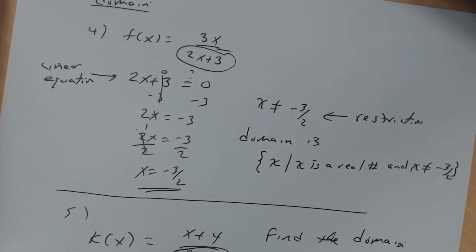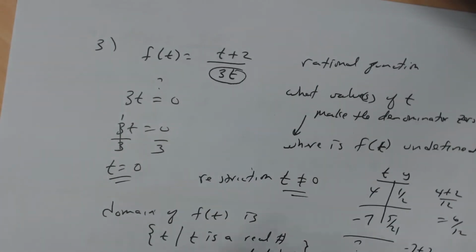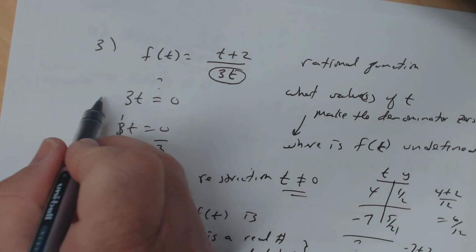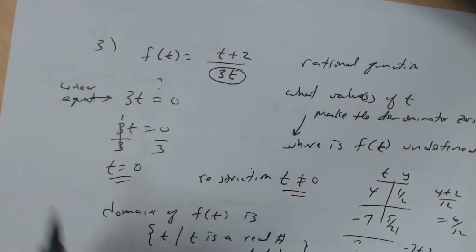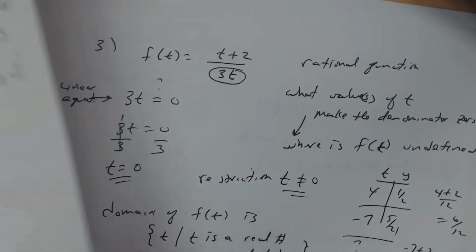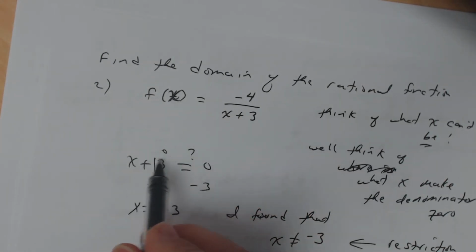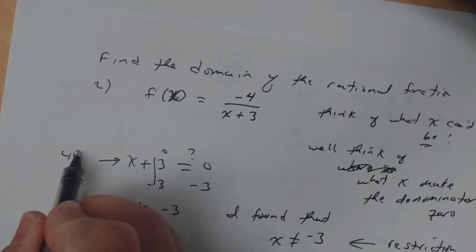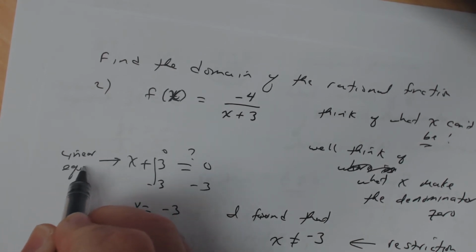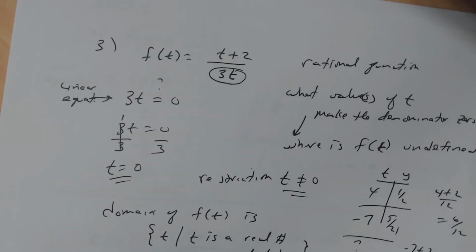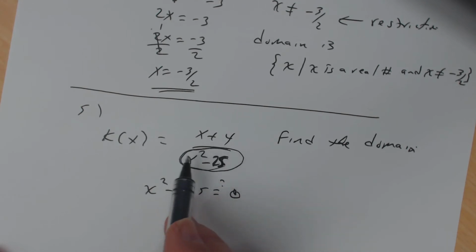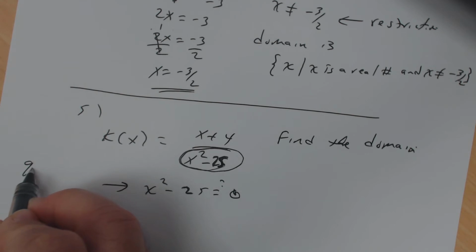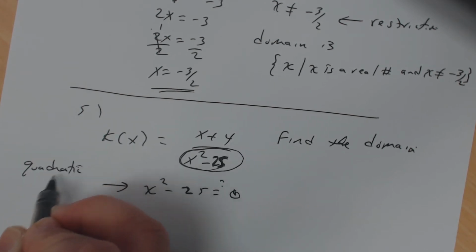Here, though, in the one I'm doing right now, when I set this denominator equal to 0, this is not a linear equation. This is a quadratic equation. So now we have a quadratic equation.